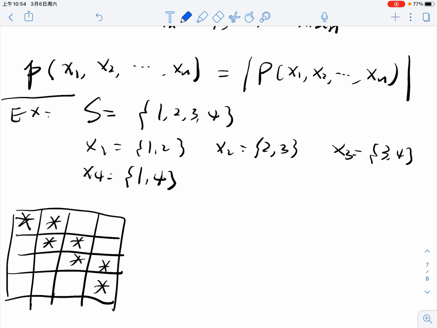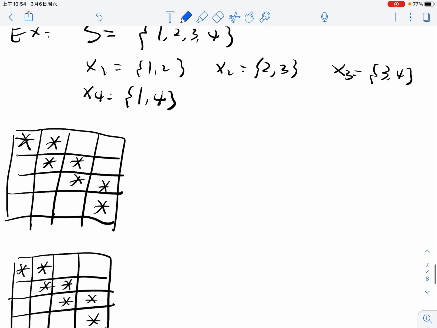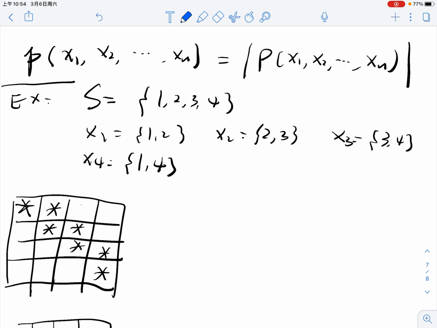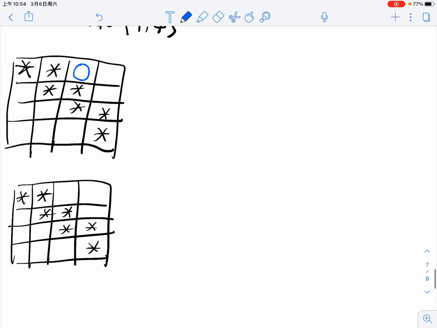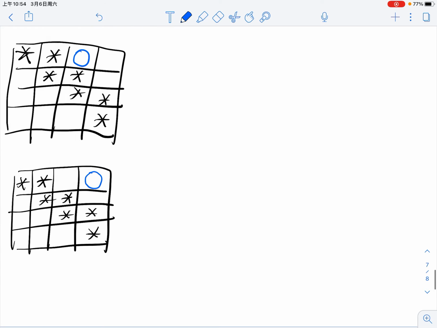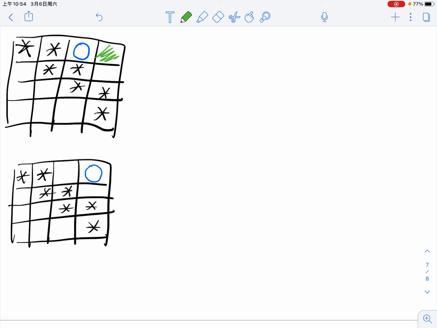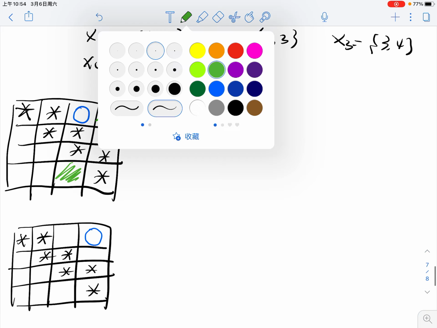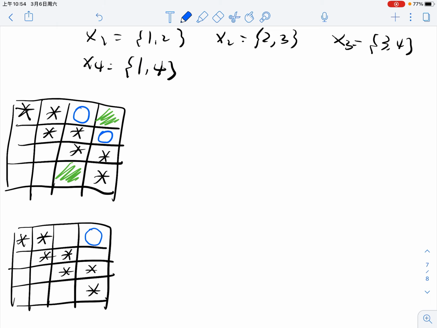Okay, it's just like a Sudoku problem, how to fill in. So you first fill in one circle here. And in the following case, you draw one circle in the second position. And the green part means you cannot put anything inside anymore. And then you have a circle here, and the blue one here. Oh, sorry, I missed one block. Here you also have one block here.